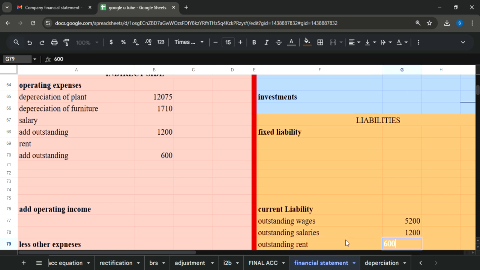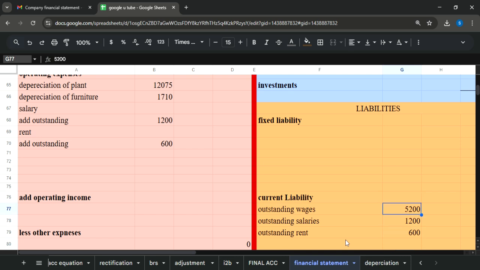So guys, in this way you can see that all outstandings have the same effect. We are adding in operating expenses, and the second effect is present on the liability side.